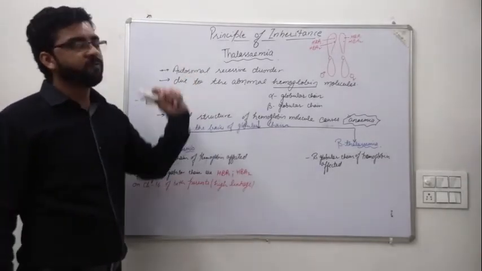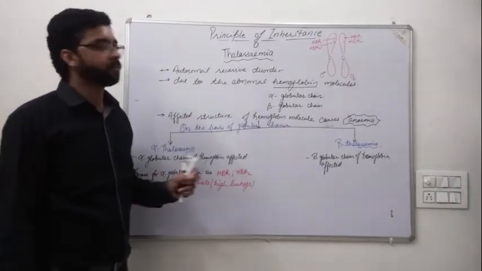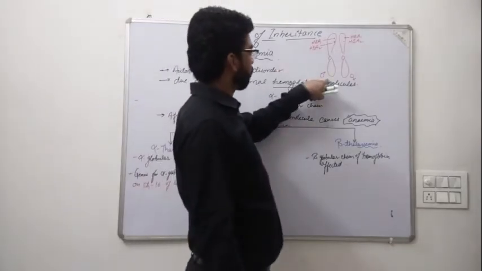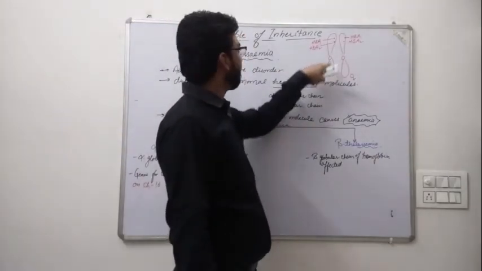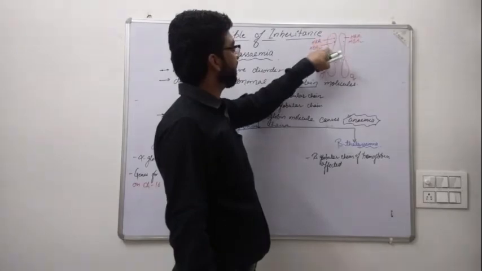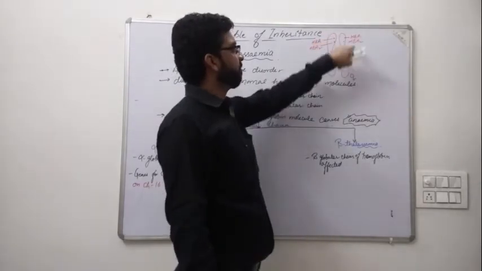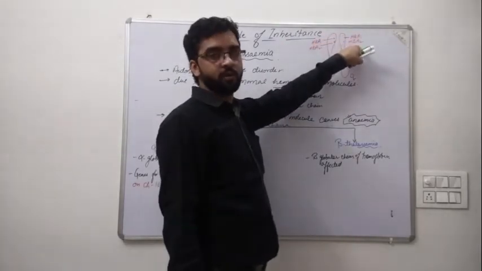There are 4 genes. For a male there are 2 genes, HbA1 and HbA2, and on a female there are again HbA1 and HbA2.